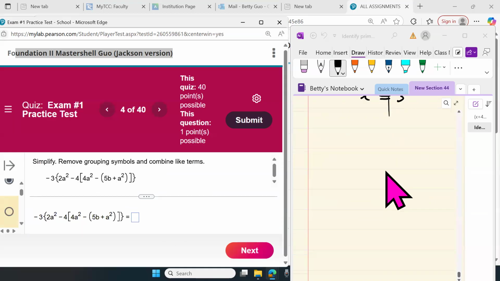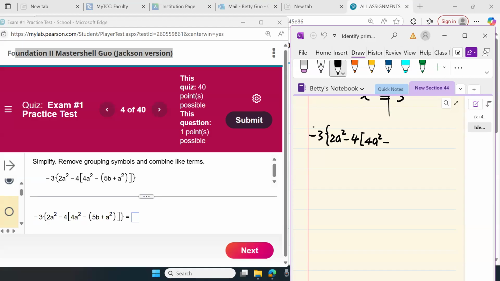This expression looks very complicated. We start from the inside and then go outward, right? Inside the braces 2a squared minus 4, start a bracket 4a squared minus, okay, so now we want to remove the parentheses.